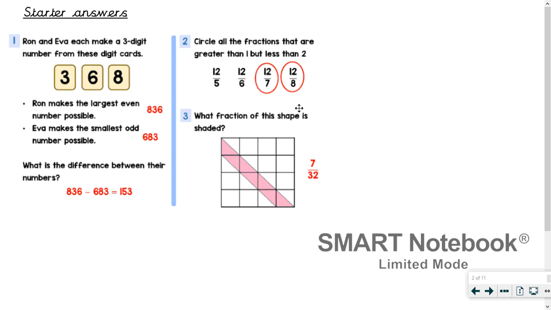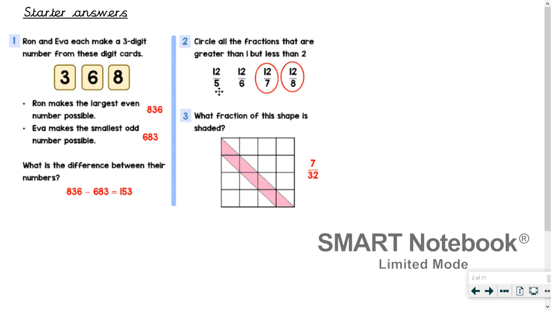The second one: all the fractions that are greater than 1 but less than 2. So all of these fractions are top heavy or improper, so they're all going to be bigger than 1. To be less than 2, the number on top must be less than double the denominator. So we've got 5 as a denominator here.